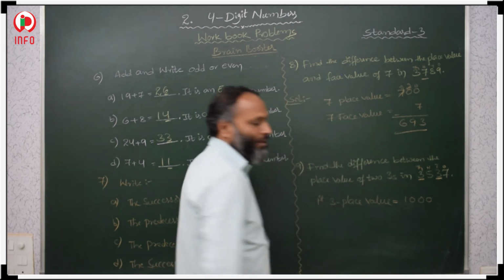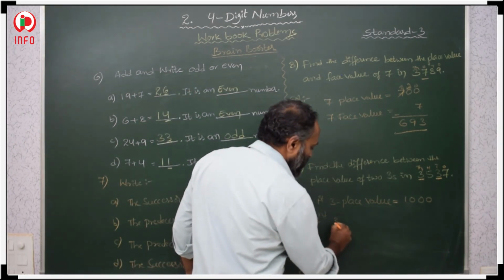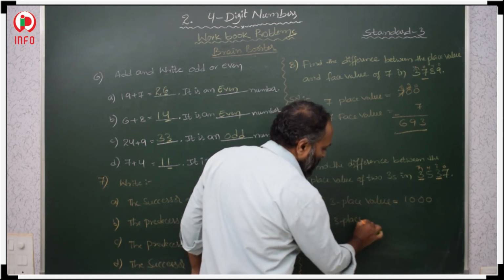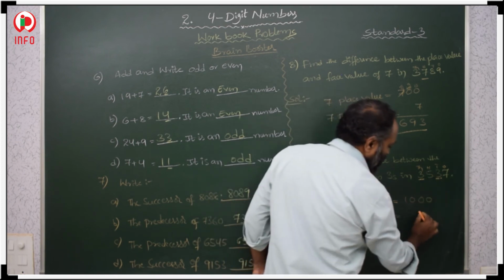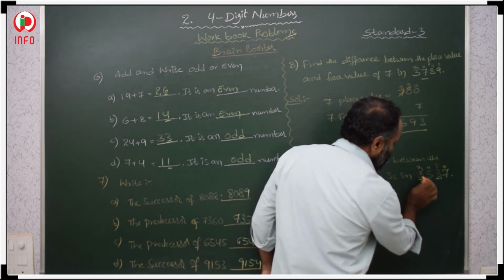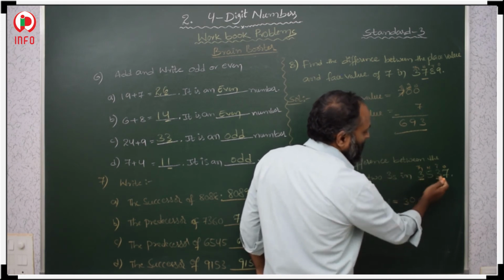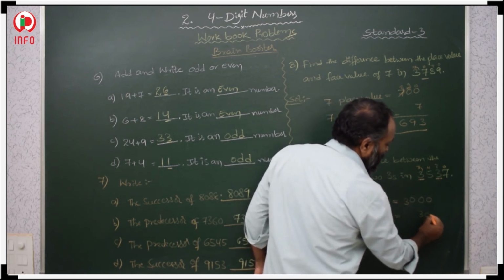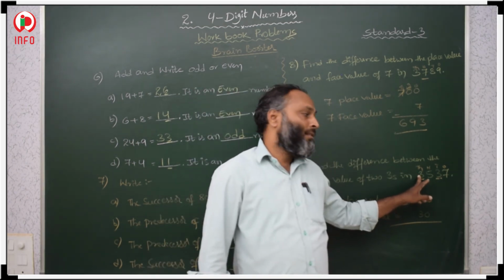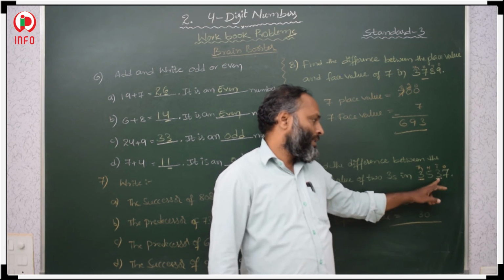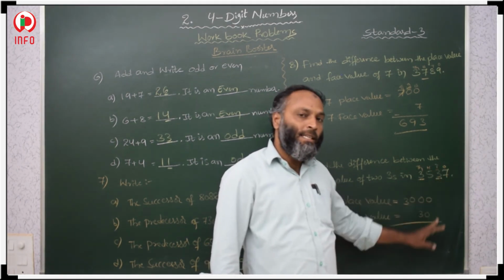The second three is in the tens place. 3 into 1000 is 3000. 3 into 10 is 30. 3 tens are 30.